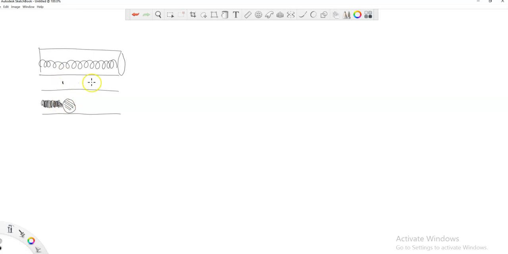Let's say you compress a distance of x, this distance, and then when you pull the trigger, the spring has elastic potential energy, right? When you pull the trigger, all this elastic potential energy is going to push against this ball. It's going to accelerate the ball outwards.